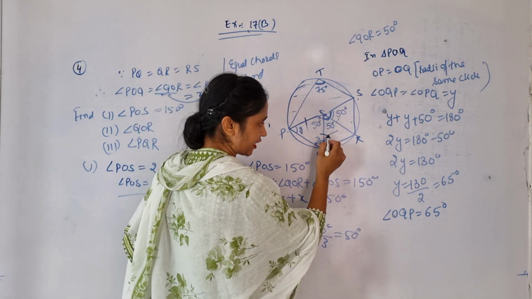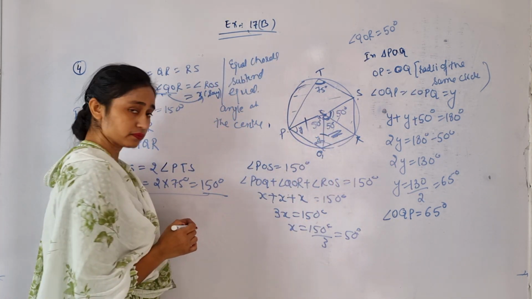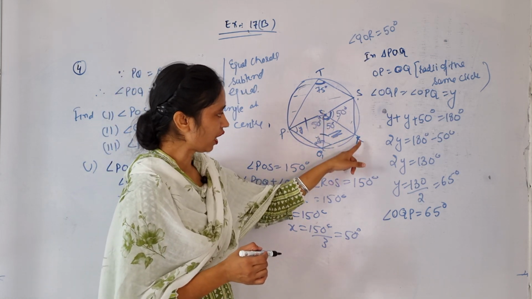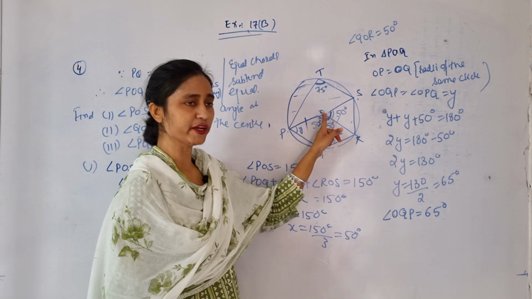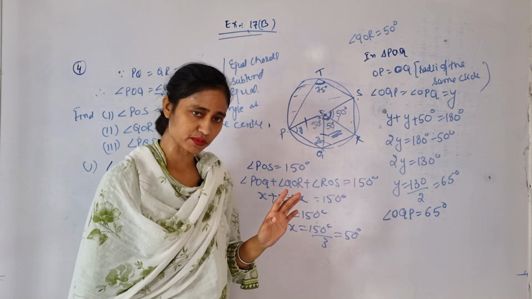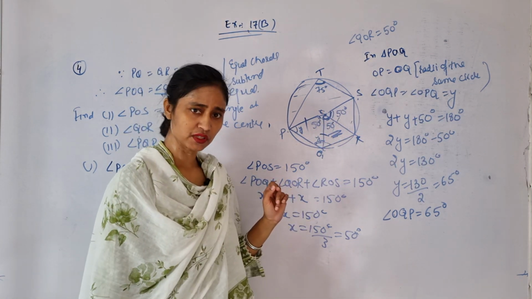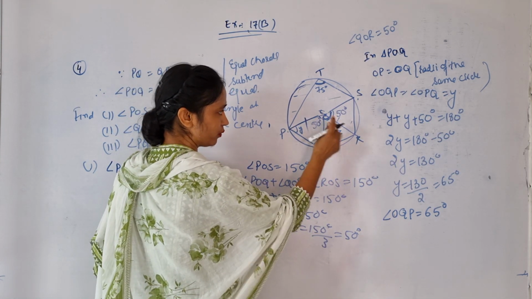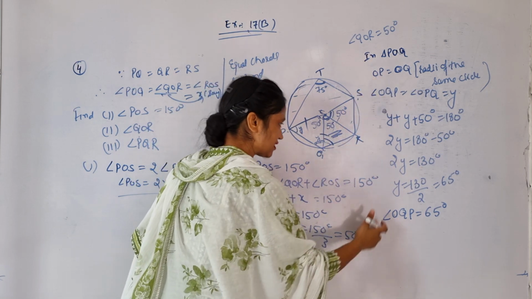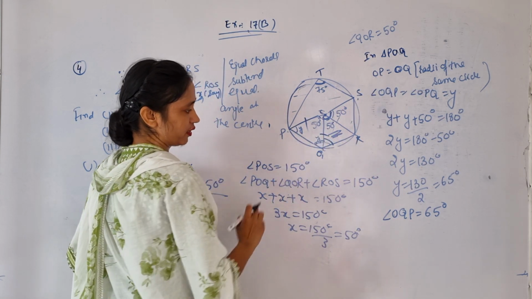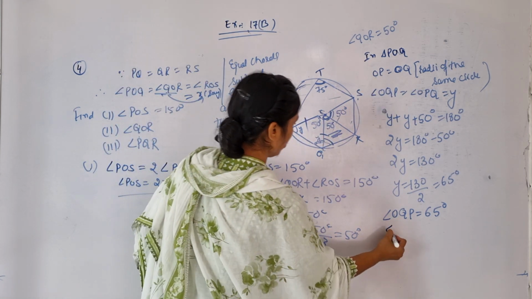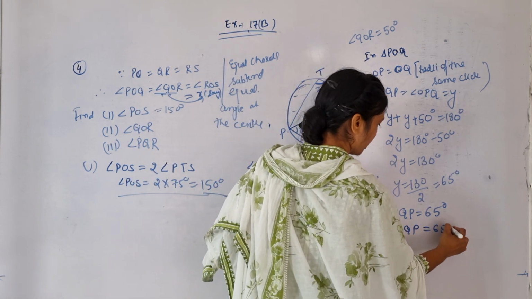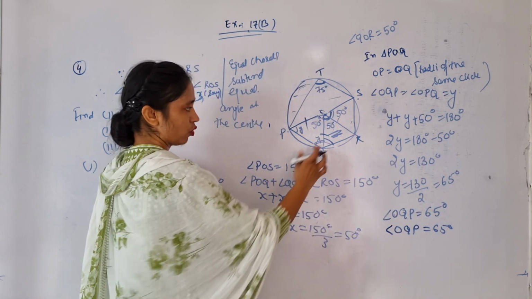Similarly, when you take this second triangle QOR, OQ and OR are the radii of the same circle, so opposite angles will be the same. When you use all these steps on this second triangle, you will find that angle OQR will also be 65 degrees.